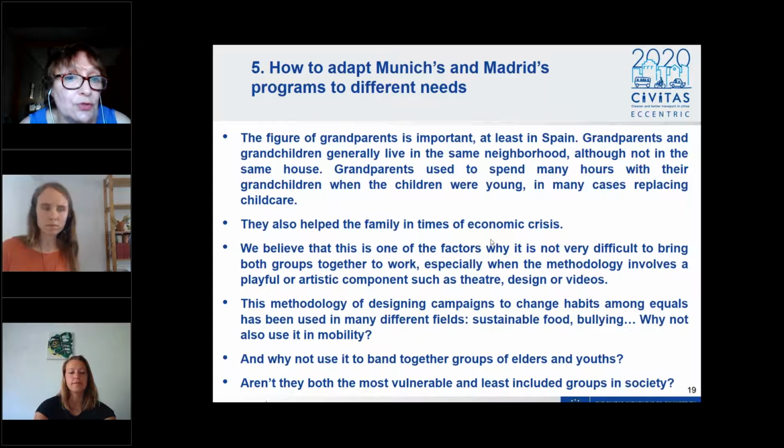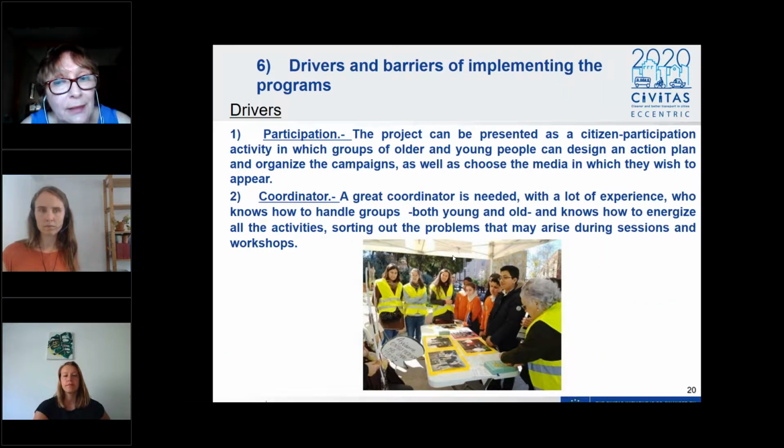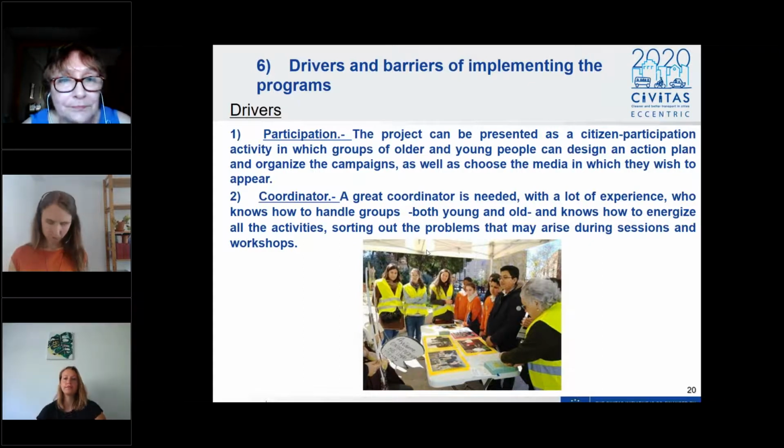Why not also use it in mobility? And why not use it to band together groups of elders and youth? Aren't they both the most vulnerable and excluded groups in society? We think they are the people that feel alone.